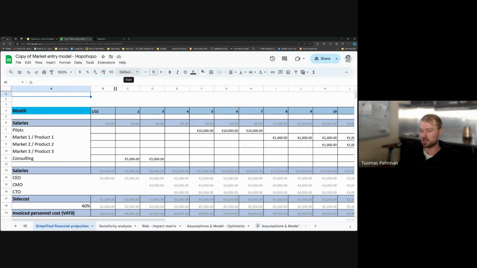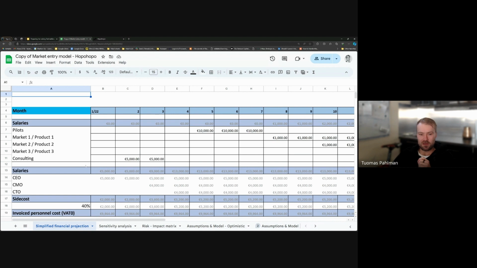And the first thing is that the financial projection is most likely not going to go right. You're not going to nail your estimations. But what the investors want to look at with your financial projections is: are you sane? Are you actually able to use the money rationally that you're planning?